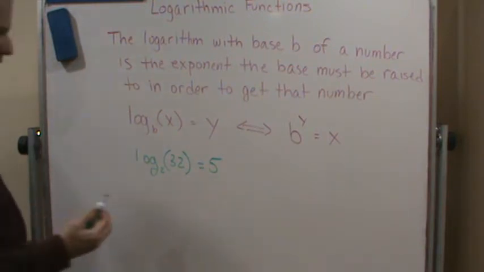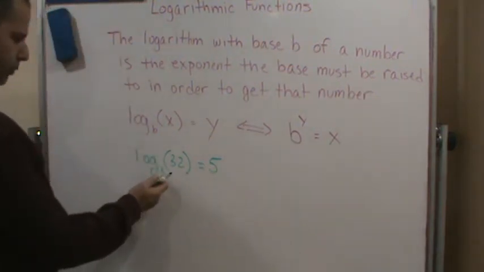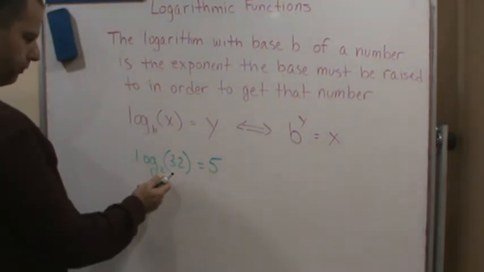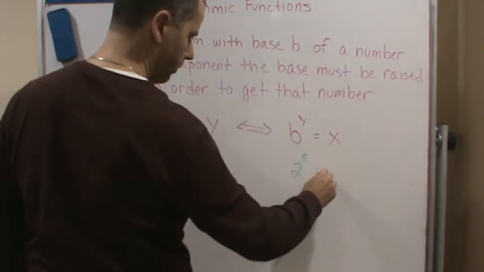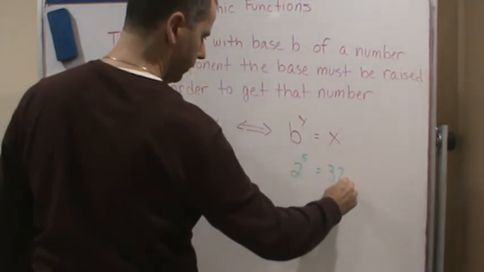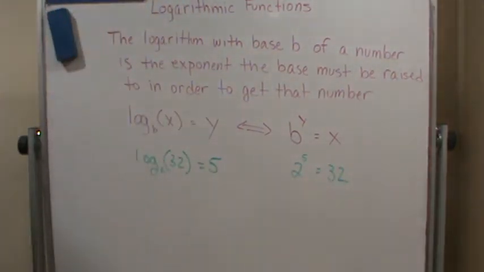Well, it means that if I raise 2 to the 5th power, that's going to equal 32, and it does.